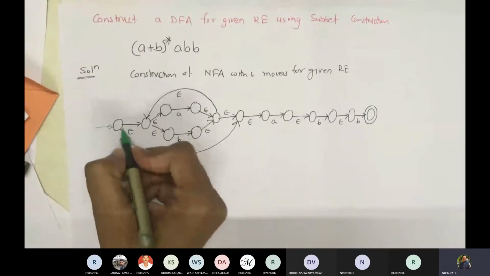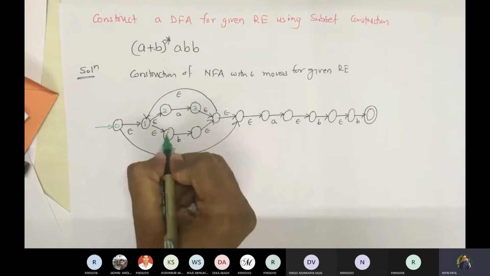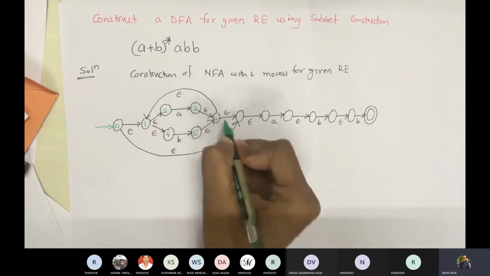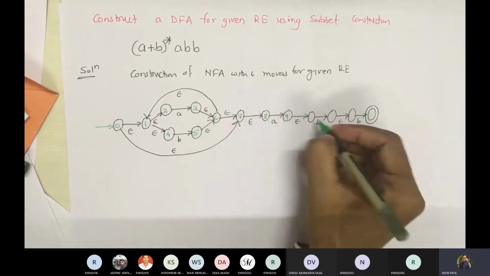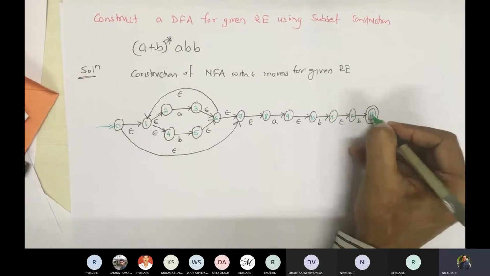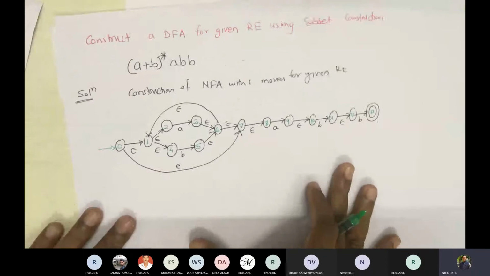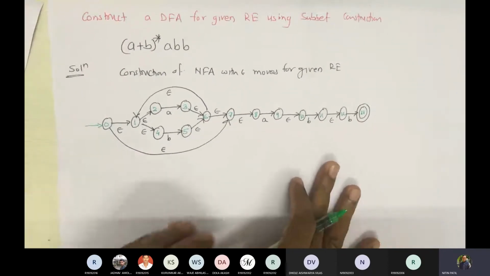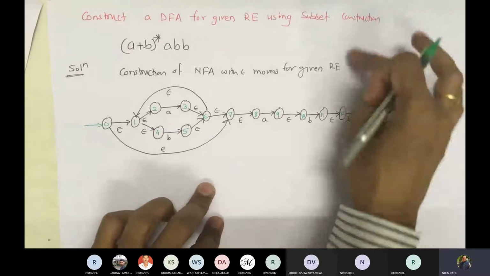So let us number them 0, 1, 2, 3, 4, 5, 6, 7, 8, 9, 10, 11, 12, 13. For this NFA that we got, we'll try to draw the DFA over here at this place.